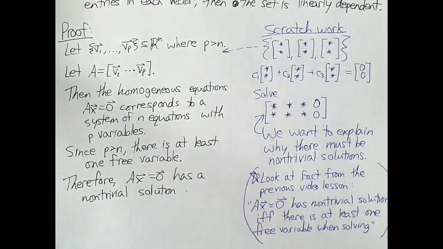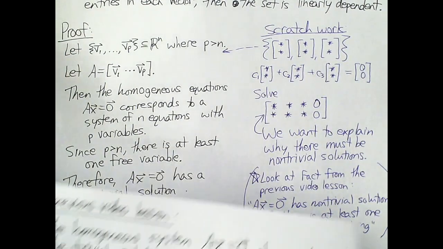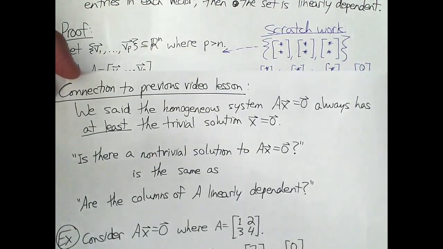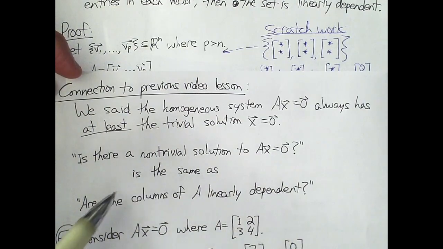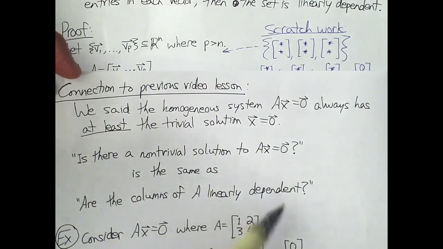And I'll remind you that earlier I said, well, I don't know if I necessarily want to bring the page in front. Let's go ahead and do it. Real quick, look at where we're at. Therefore, AX equals 0 has a non-trivial solution. Remember this thing from earlier? Is there a non-trivial solution to AX equals 0 is the same as, are the columns of A linearly dependent?